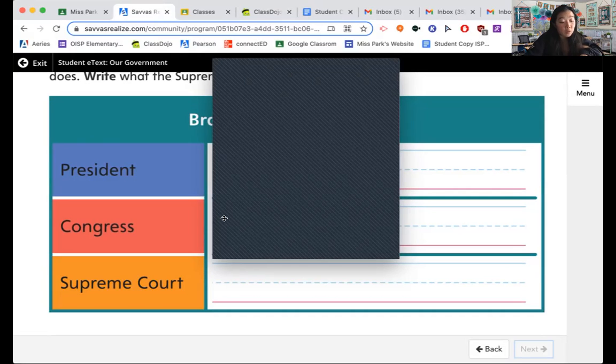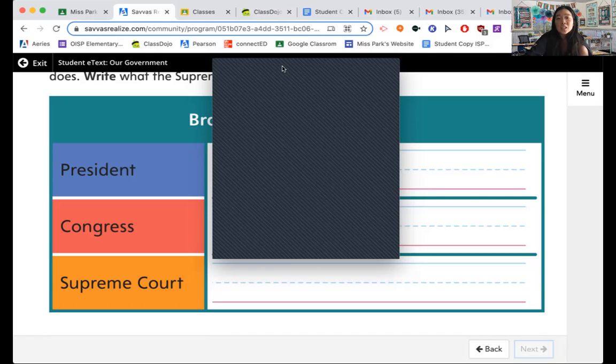It makes sure laws are fair by studying and interpreting the Constitution. So what does the Supreme Court do with the law? The Supreme Court makes sure the laws are fair.